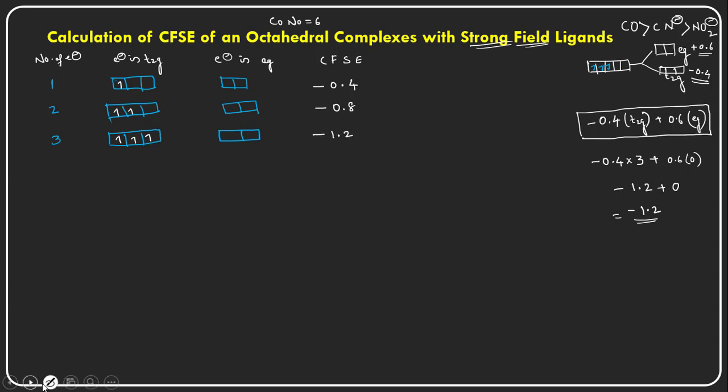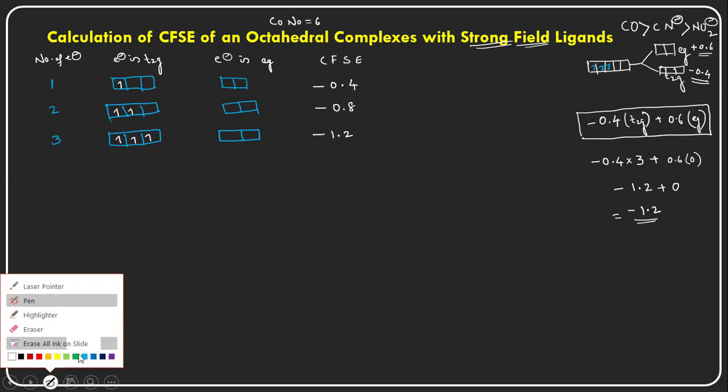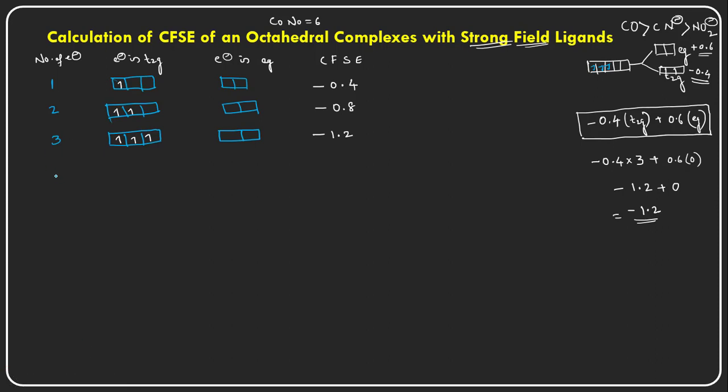And now where will the fourth electron enter? So here the question comes, where the fourth electron goes. Total number of electrons is 4. We can fill 3 electrons in these 3 orbitals, and where the fourth electron enters depends on the ligand field.